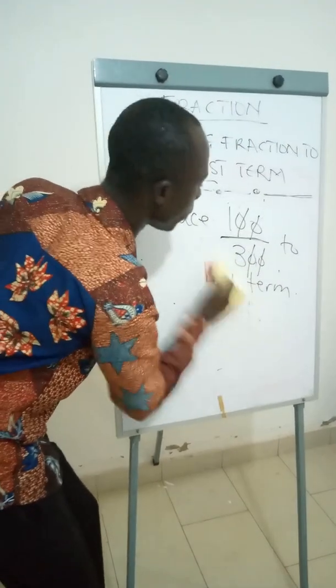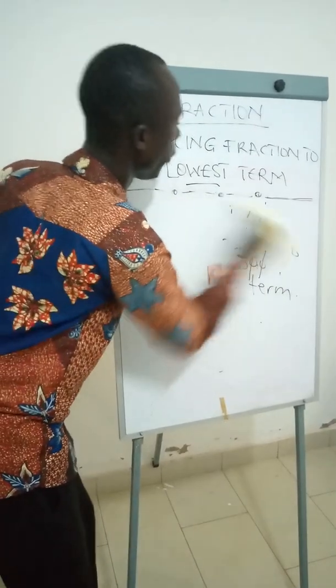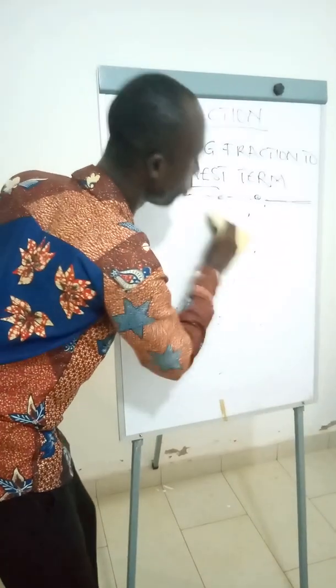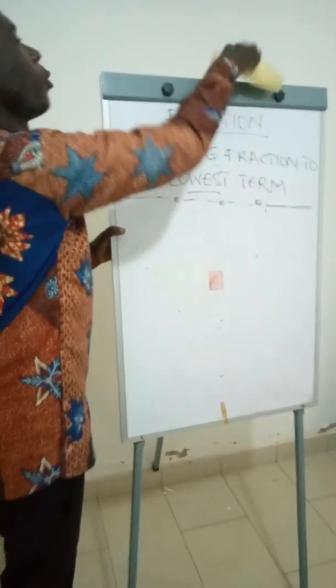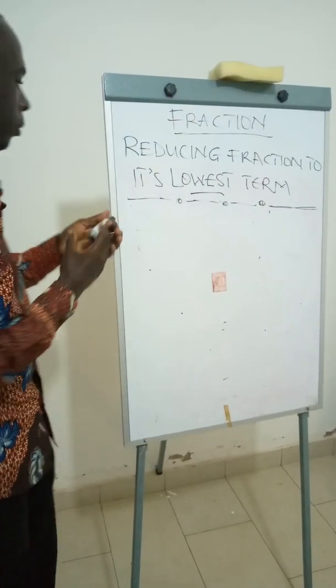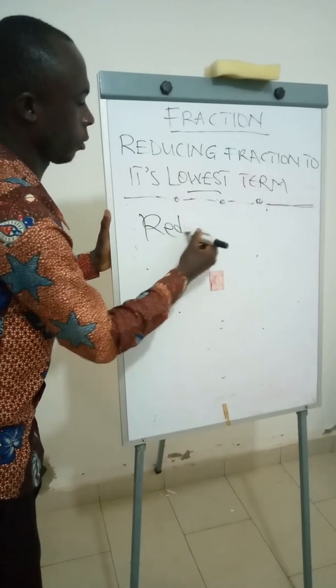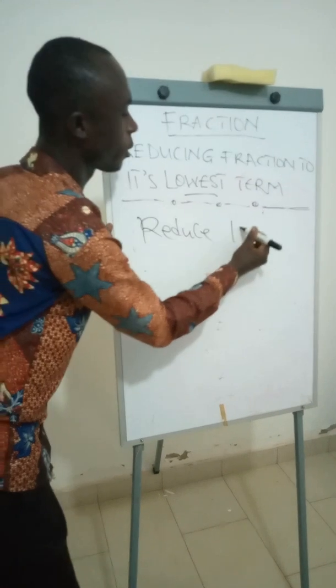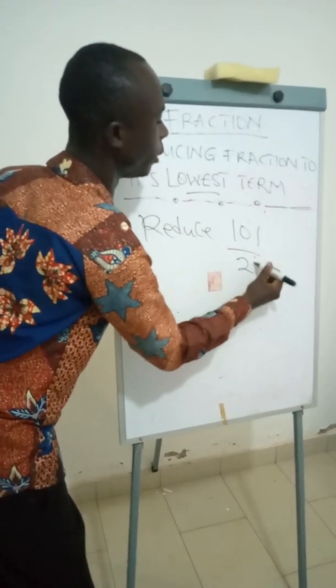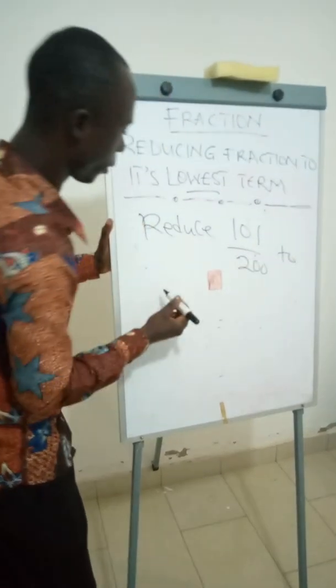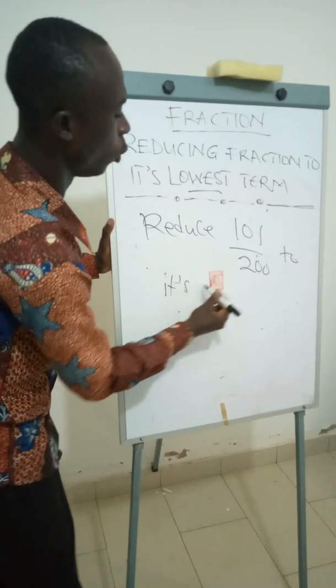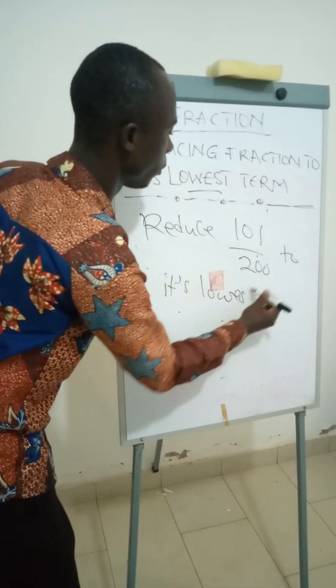The final example under reducing fractions to their lowest term. Reduce 101 over 200 to its lowest term.